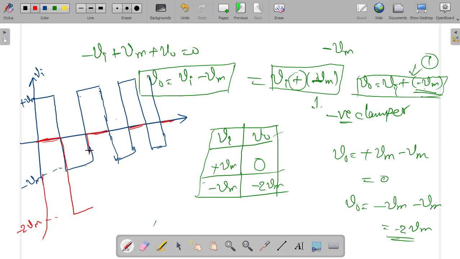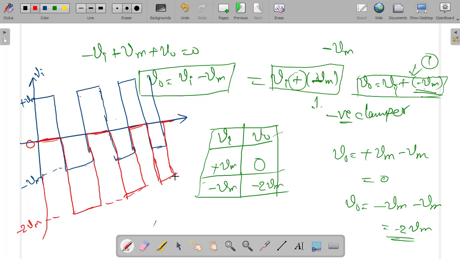Again, this is 0 and this is minus 2Vm. So the output will retain its shape.